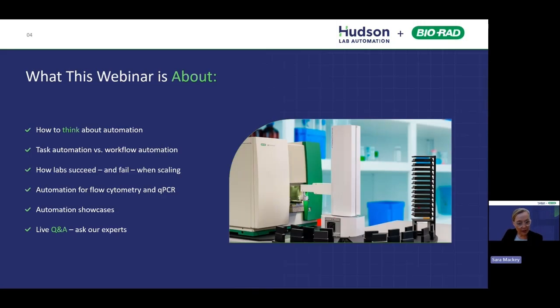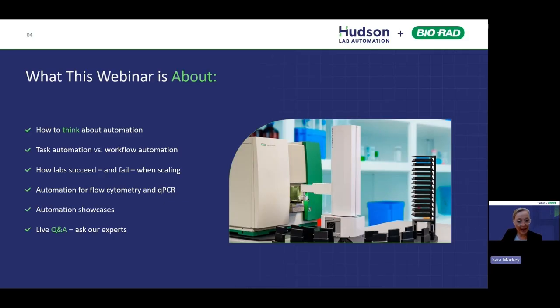Today's webinar is about practical automation. Rather than viewing automation as a single large investment, we'll explore how labs start with a single automated task, expand incrementally as needs grow, and ultimately scale towards reliable walk-away workflows when it makes sense scientifically and operationally.